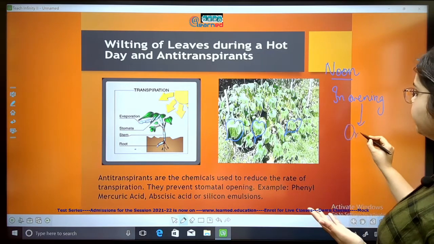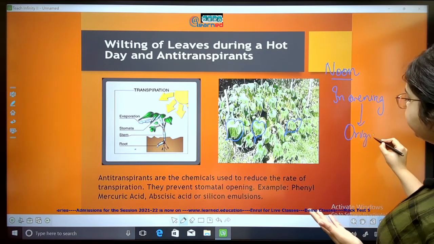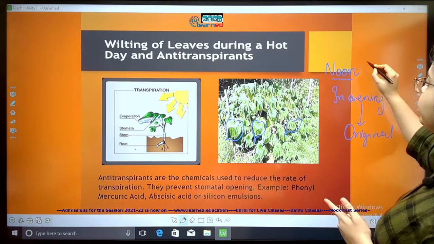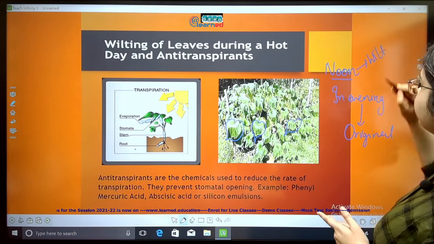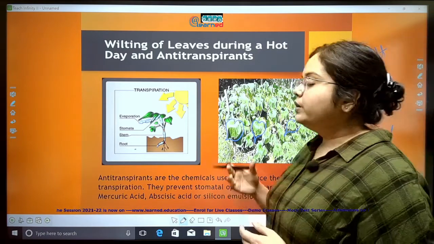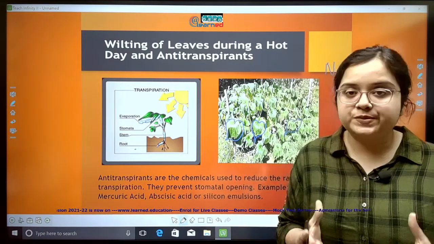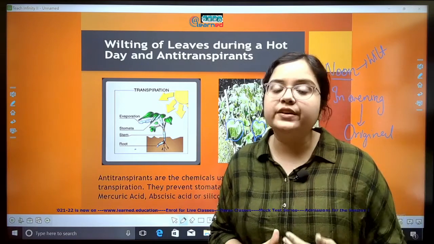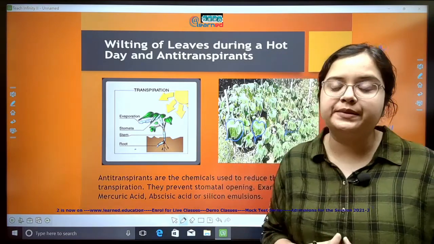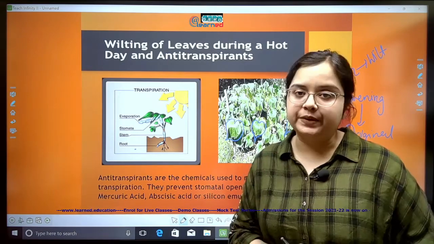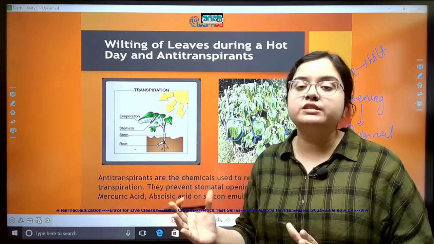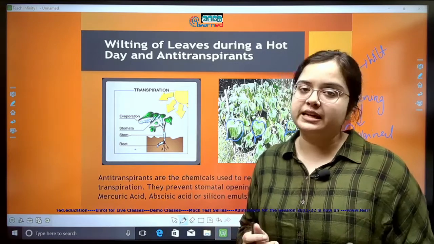But at noon, because of the hot sun, the leaves of the plant can wilt. Now, transpiration is a continuous process. In drier climates, you cannot let the plant go through transpiration all the time. If this continues, then the plants will permanently wilt and then they will die.